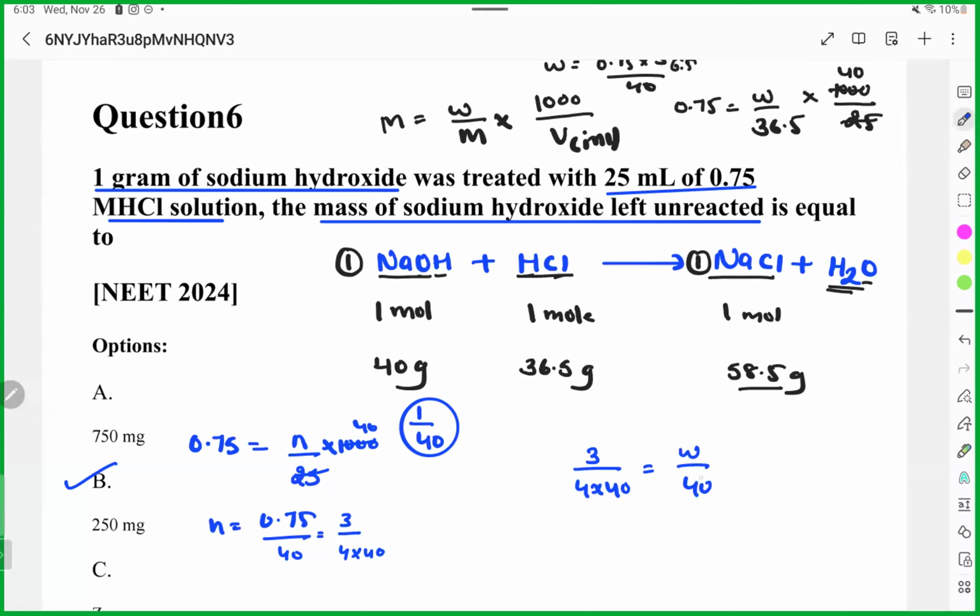You can calculate. Understood? 40, 40 cancel. Weight should be 3 by 4 gram. 750 milligram will react. How much will not react? 250 milligram.